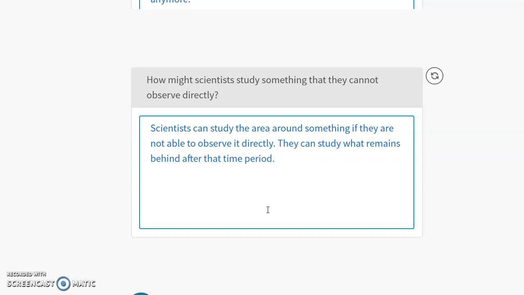So basically, scientists could not observe dinosaurs directly, but they can use the soil that's still around. They can still study everything that's still here from that time period. This can help them create a picture of what life was like back then.